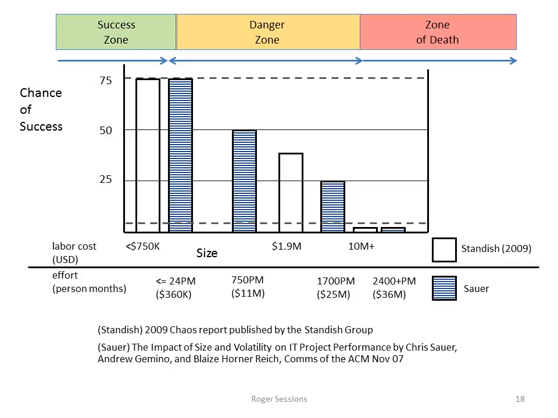A number of studies done in the 2005 to 2010 time frame seemed to indicate that the common factor X was the cost of the project, the overall cost of the project. It was observed by several studies that projects under $1 million had a greater than 75% chance of success.